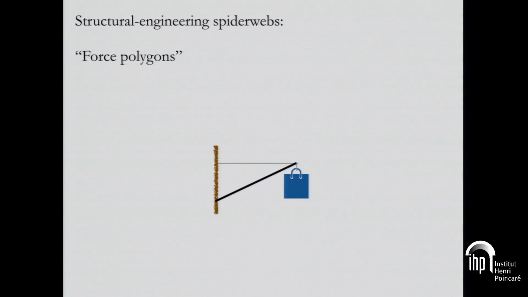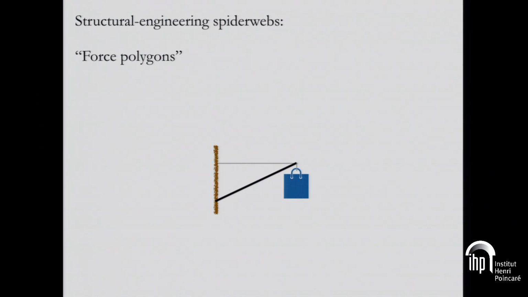So, okay, I'm going to go back to physics now, or statics actually, which used to be more taught in physics. In structural engineering, there's a way to analyze the statics of a truss work of beams and tension cables.